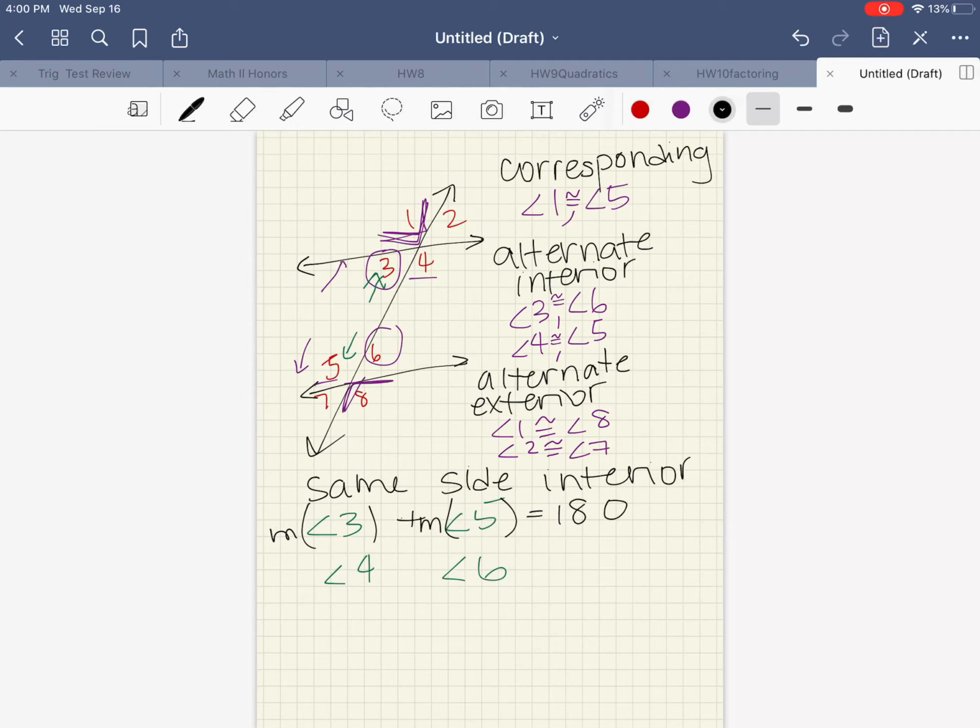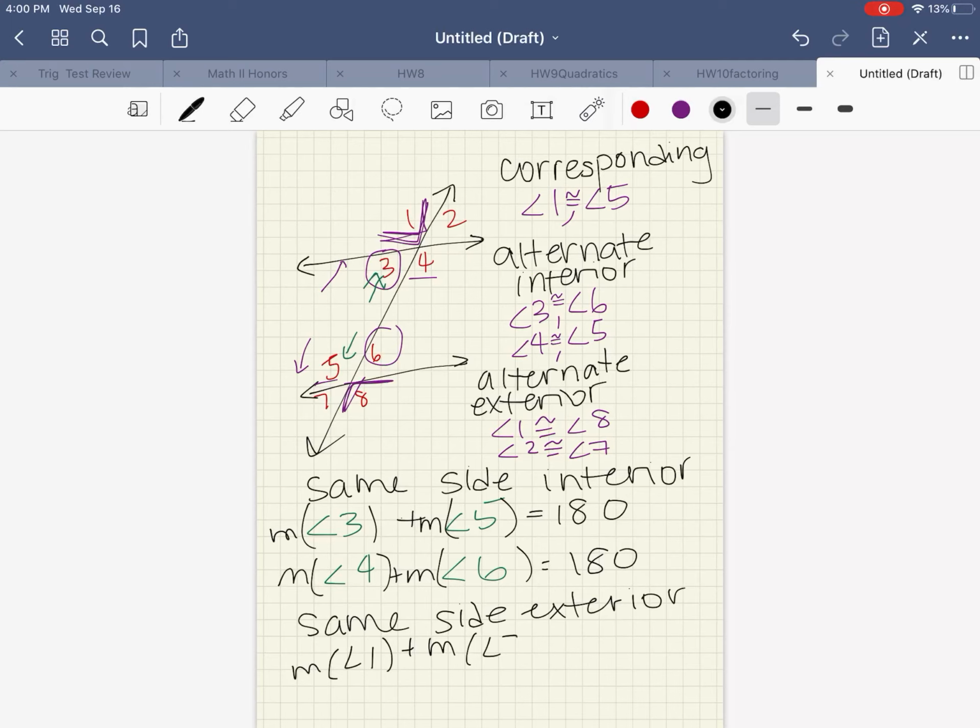They're not a linear pair because they are not on the same line. Same thing here, the measure of angle 4 plus the measure of angle 6 is also going to equal 180. And then you would do the same thing for same side exterior, which would get you the measure of angle 1 plus the measure of angle 7 is equal to 180.